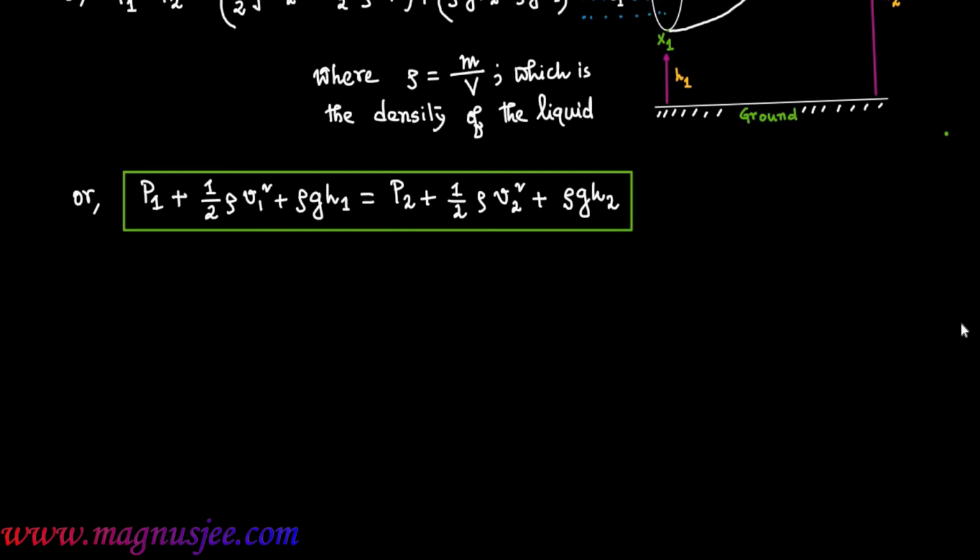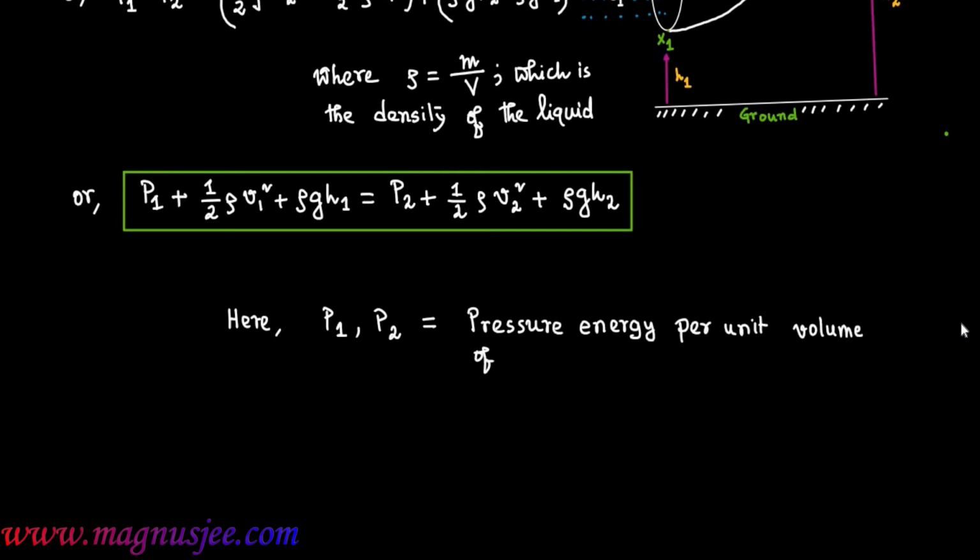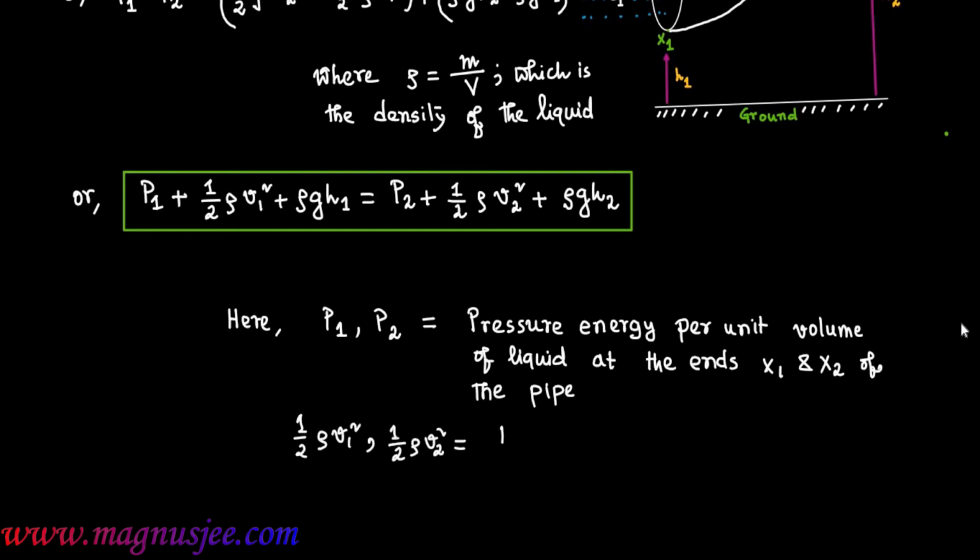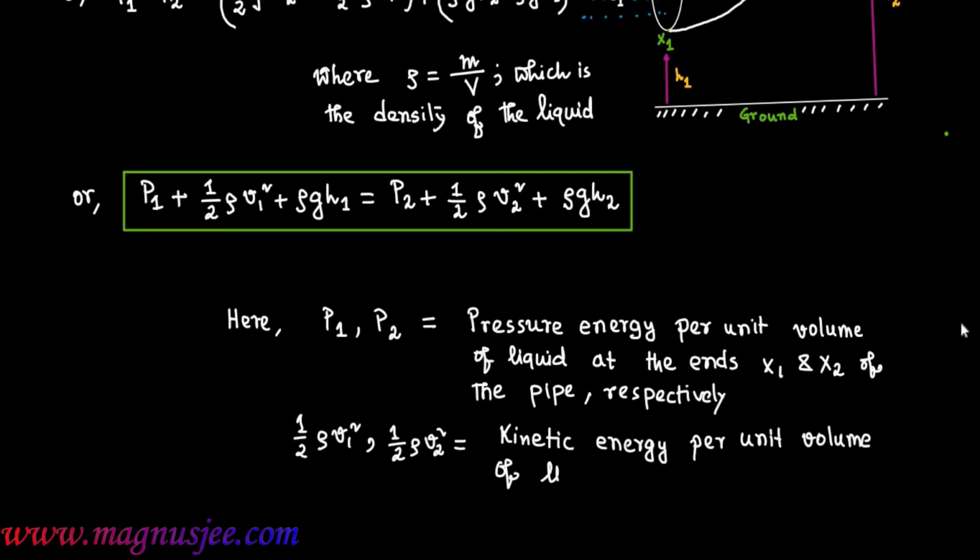Also, you can explain or describe what P1 and P2 are. Here P1, P2 are the liquid pressures at the ends x1 and x2, and they are also the pressure energy per unit volume of liquid at the ends x1 and x2 of the pipe. 1 by 2 rho v1 square, 1 by 2 rho v2 square are the kinetic energy per unit volume of liquid respectively at the ends x1 and x2 of the pipe.